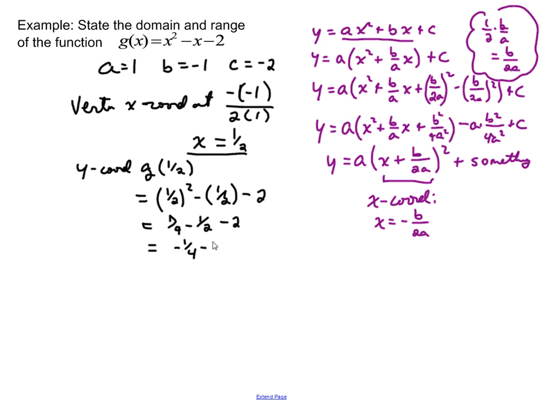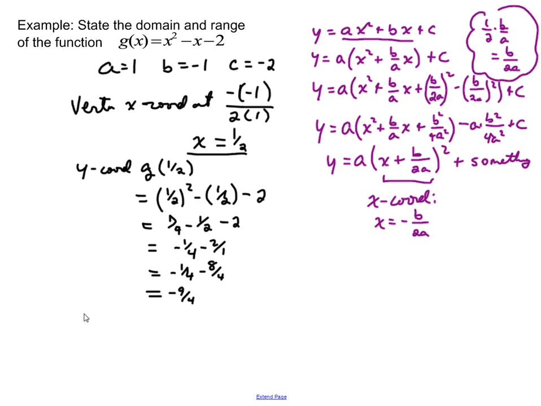We're subtracting from that 2 over 1, which is to say negative 1/4 minus 8/4, which is to say negative 9/4.